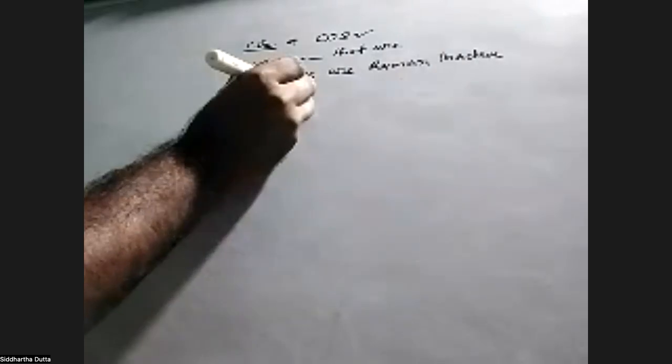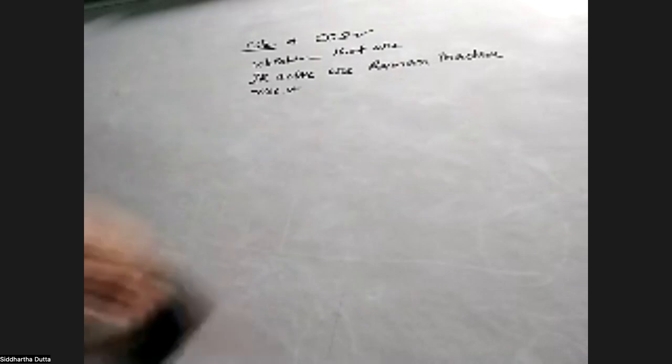That is, the vibrations that are Raman active will be IR inactive. This rule of mutual exclusion only applies for molecules that possess a center of symmetry.